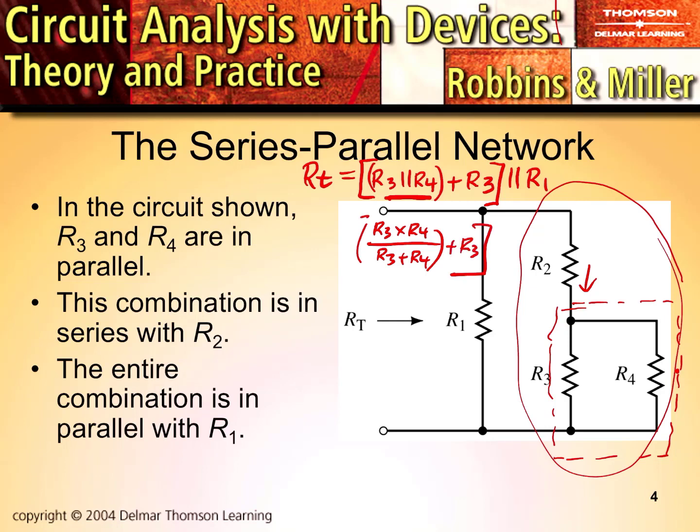After you've come up with that result, then you can use that times R1 over that same value. So I'm just going to say this comes down here and it's added to R1. So that becomes your product over sum, right? So that means that result is added to R1 to give you product over sum, and that's going to give you your calculation for total opposition.